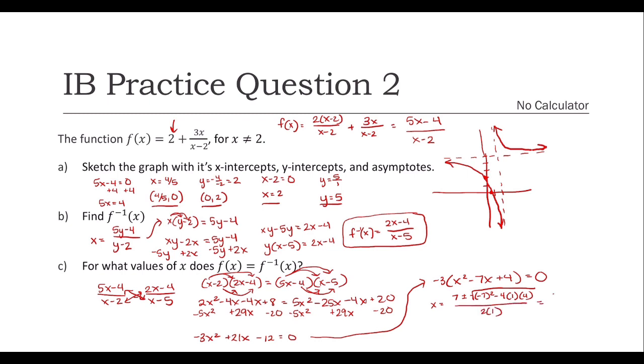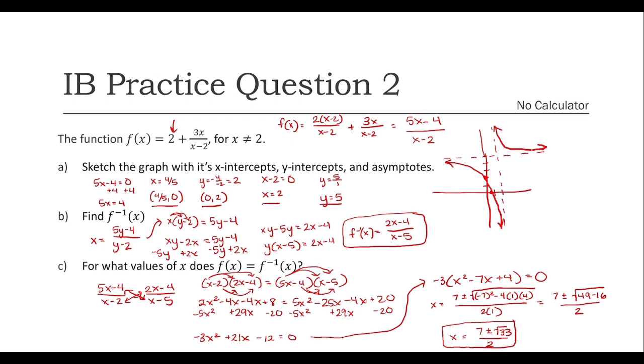So this equals 7 plus or minus the square root of 49 minus 16 over 2. 49 minus 16 is 33, so x equals 7 plus or minus the square root of 33 over 2. So that's when f of x would equal f inverse of x.